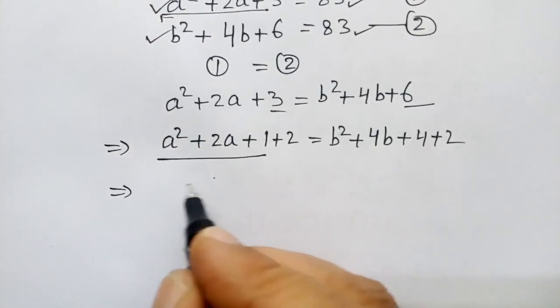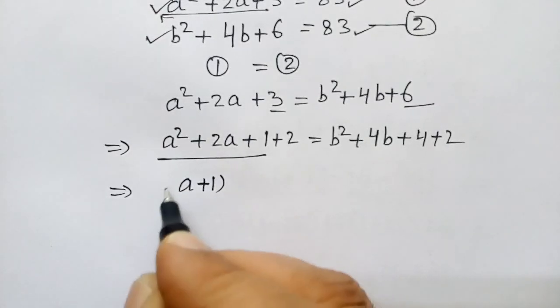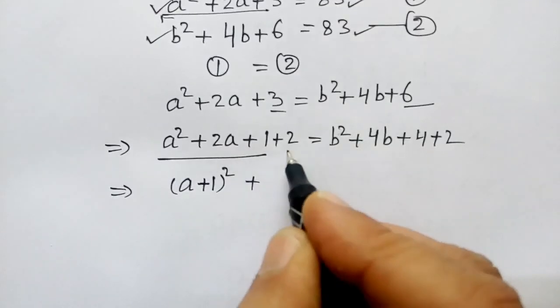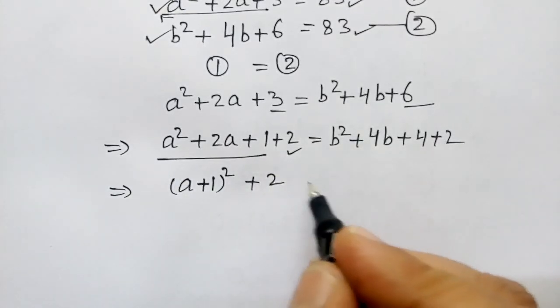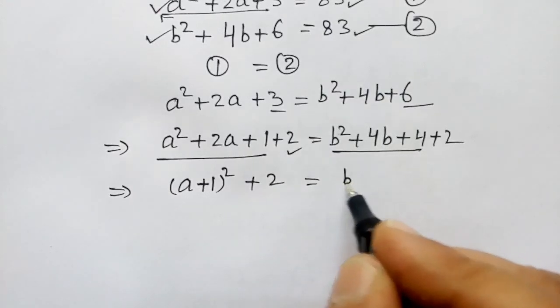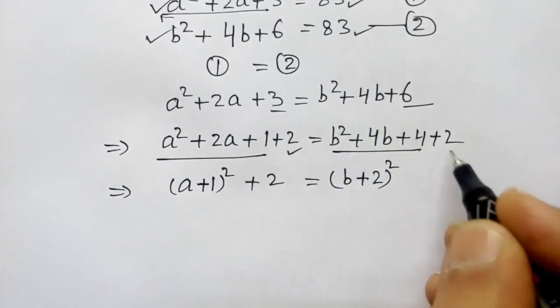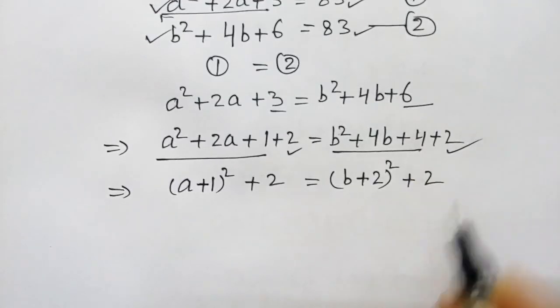This is the expression of a plus 1 whole square plus 2 is equal to, this is the expression of b plus 2 whole square plus 2, right?